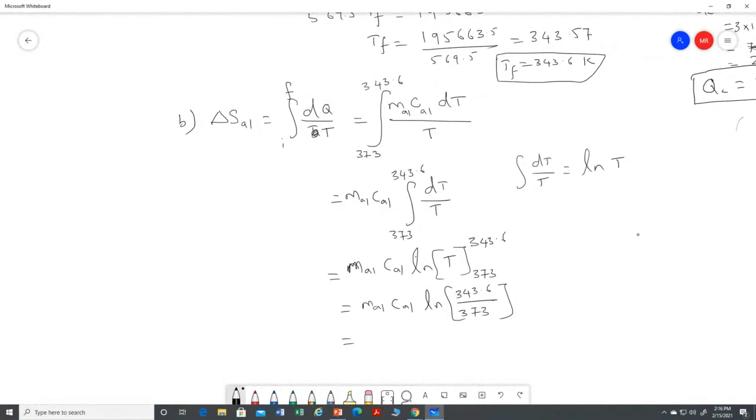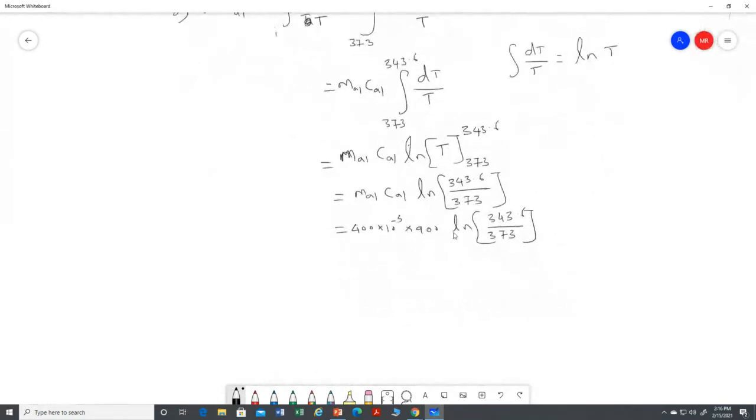Mass of the aluminium is given in the question as 400 gram, and the specific heat capacity of the aluminium is 900, times natural log of 343.6 divided by 373. When you work this out, you will get the answer for the change in entropy of aluminium. Am I right? Yes, Dexter, yes.